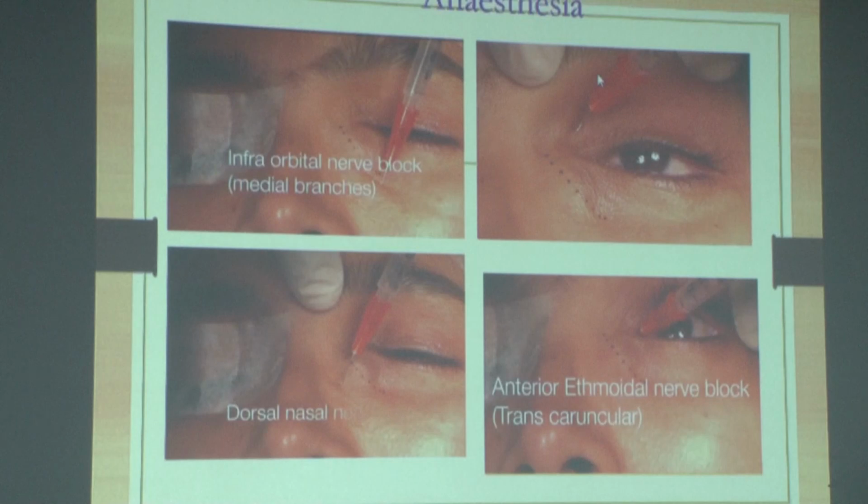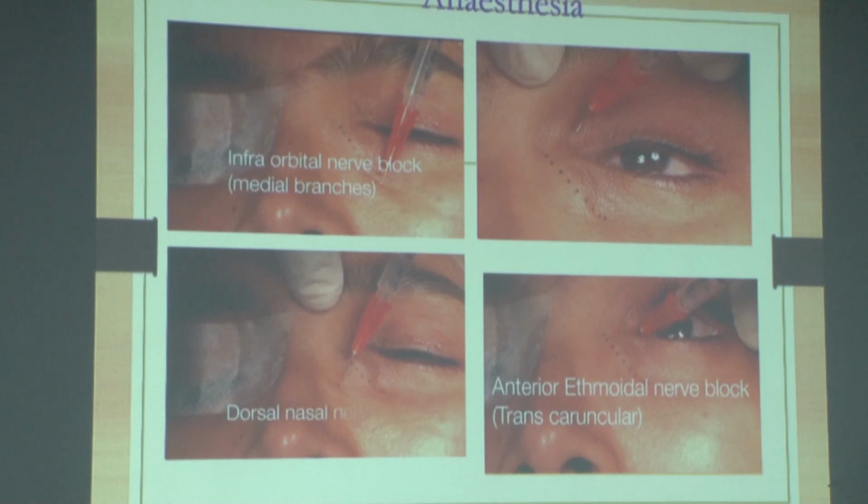Similarly, the supraorbital nerve can be blocked at this place, at the junction of the medial one third and lateral two thirds. Another injection should be given anterior to the sac, and the needle is inserted deeper so that it can block further deep inside, and the same can be repeated from the lateral side of the sac itself.